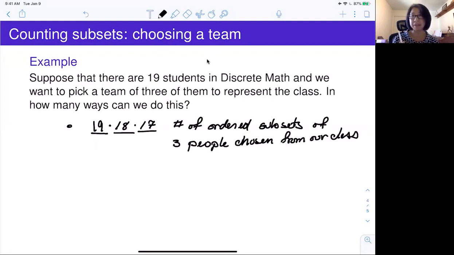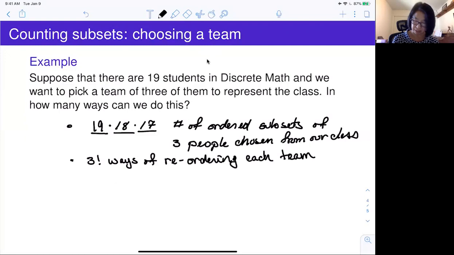And we've overcounted by the number of ways of reordering each of these sets. So there are 3 factorial ways of reordering each team. So the number of teams should be 19 times 18 times 17 divided by 3 factorial.